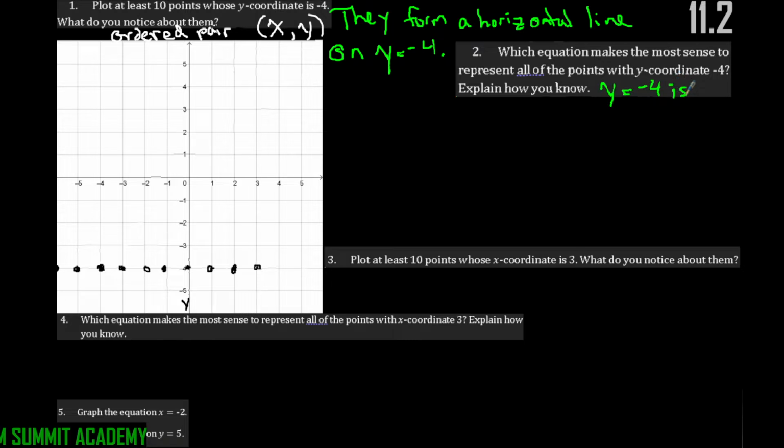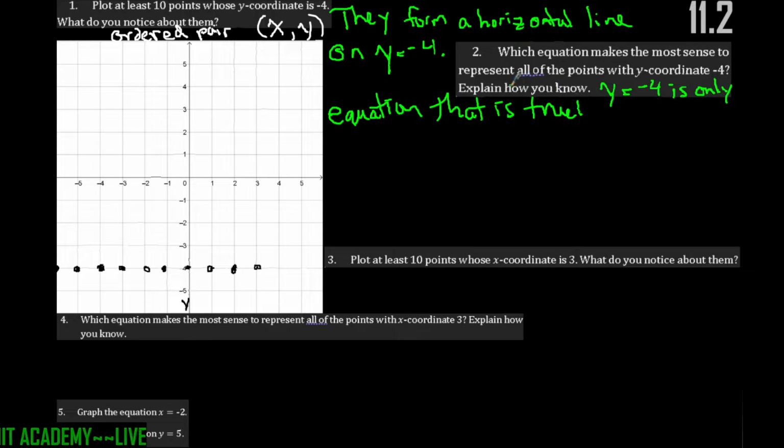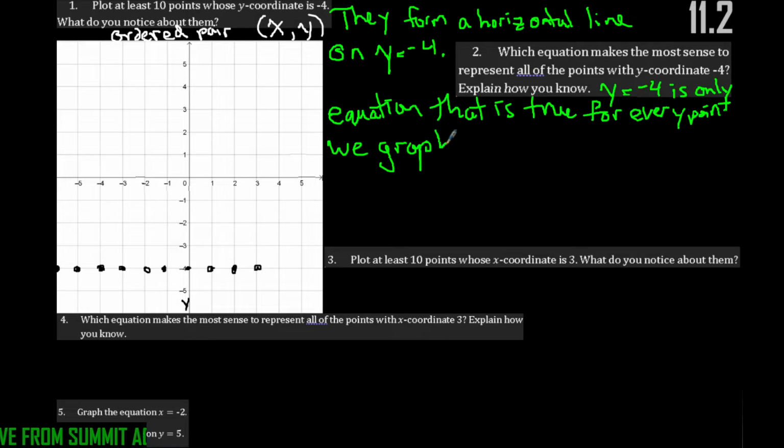And I could say that's the only equation that is true for every point we graphed. So if you notice, and I look at those equations, or look at that line, anything along this line of y equals -4 would be a point that has a y-coordinate of -4.